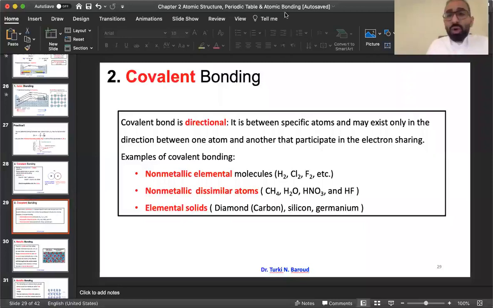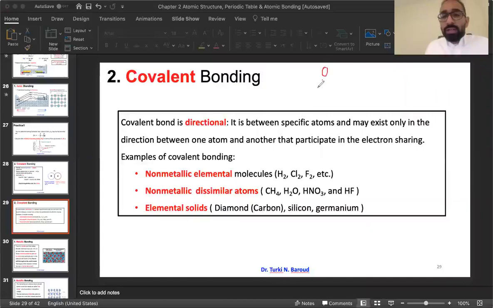What's going to happen in H2O? Let's draw that. You have the oxygen and then 2 hydrogens, right? This represents the H2O.